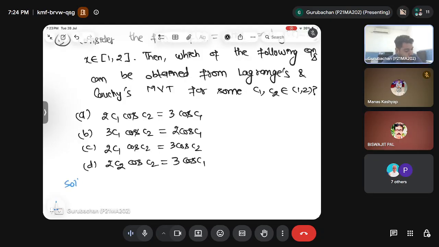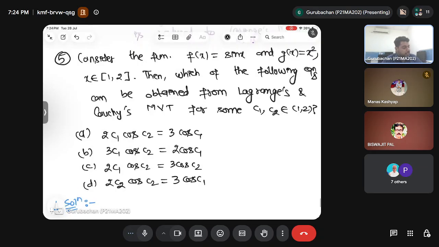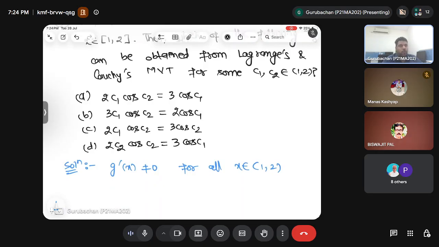So let us apply Cauchy mean value theorem on f and g. On this interval 1 to 2, clearly g dash x is not equal to 0 for all x in (1, 2). So definitely it's going to be in the denominator.